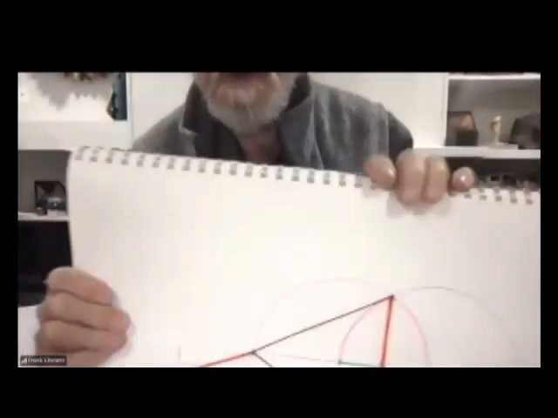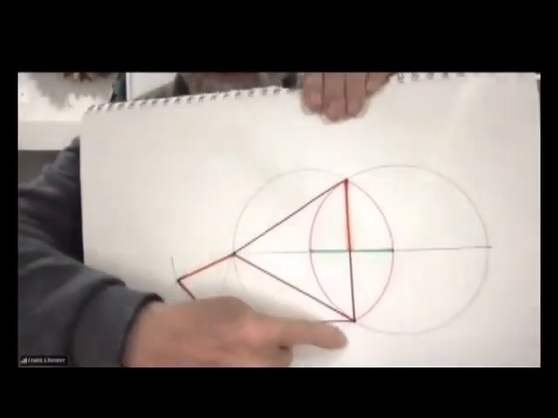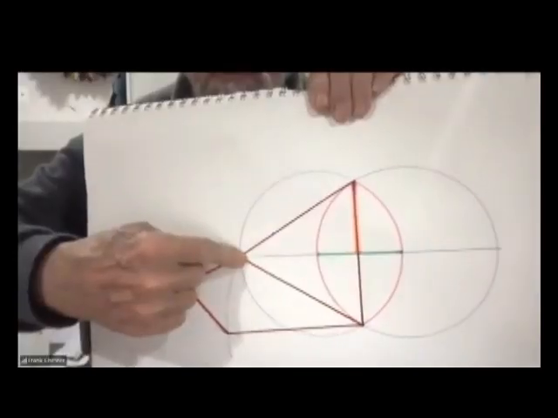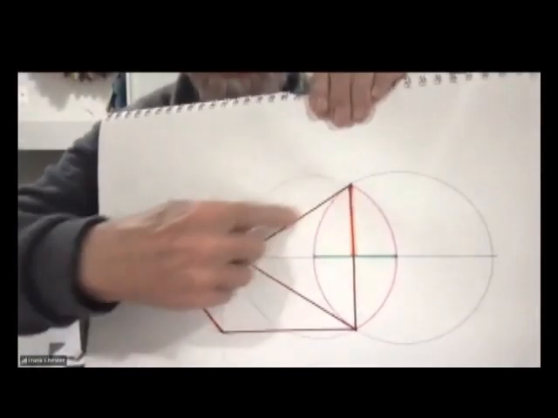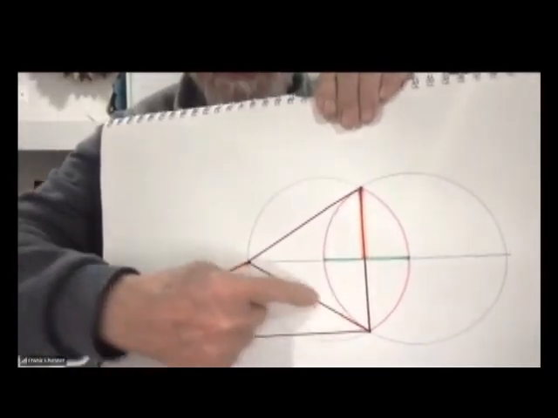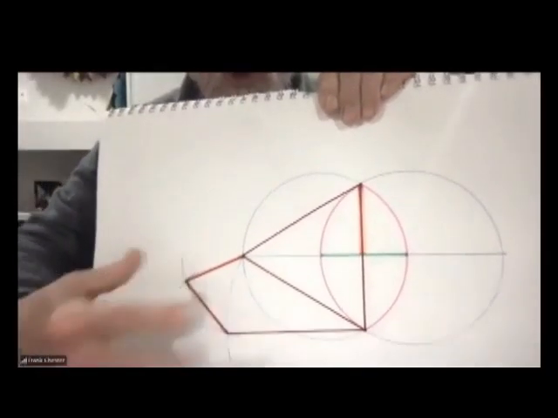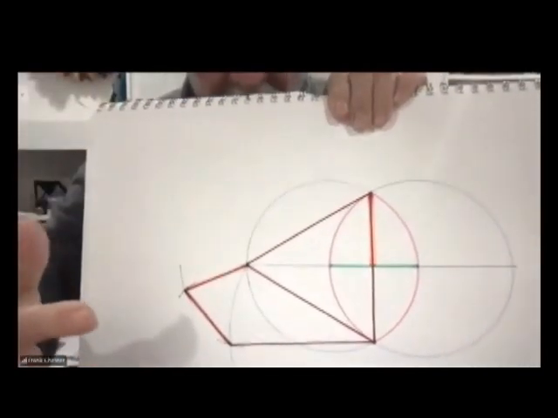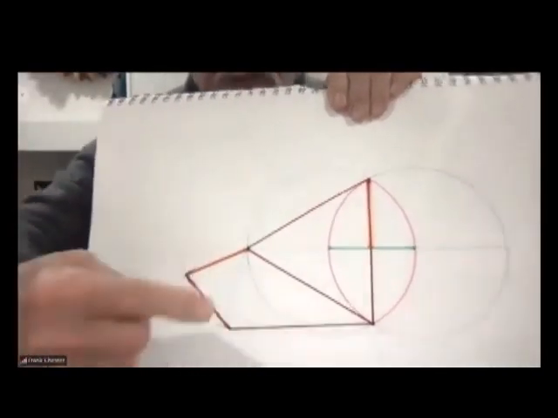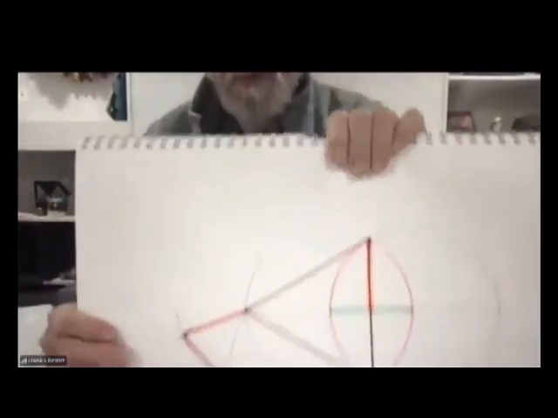And the distance from here to here, this is 2. This is 2, and this is 2. This is 2, this is 2, and this is 1 and 1. So what you've got is number 6, no matter if you look at the kite or if you look at the triangle.